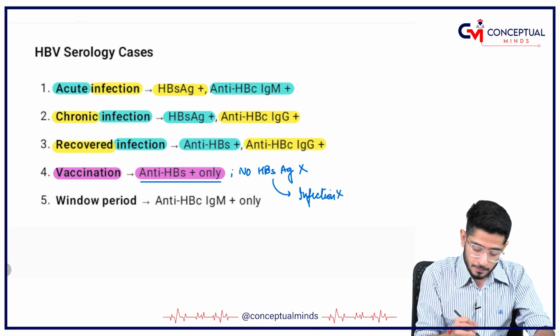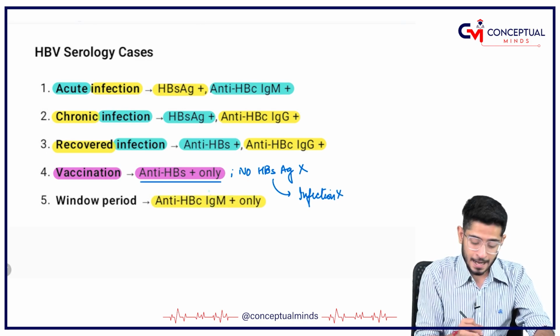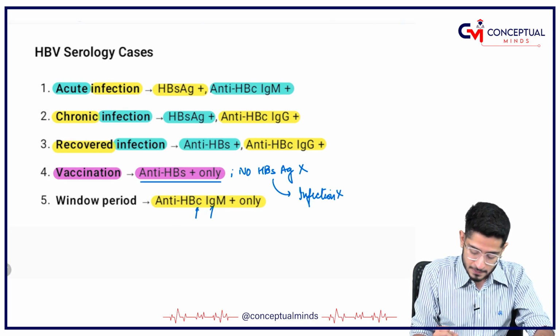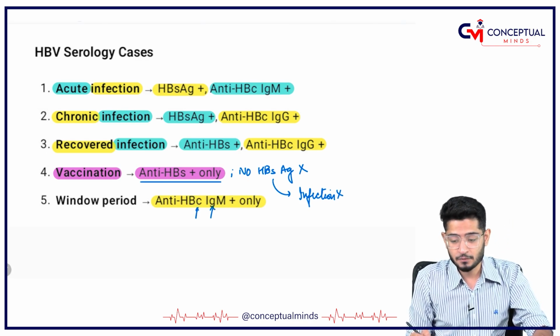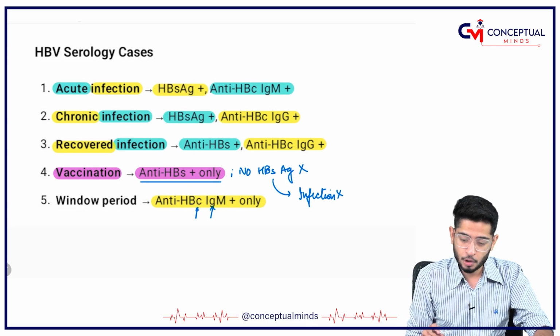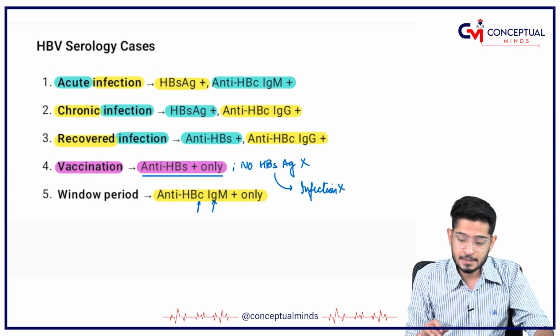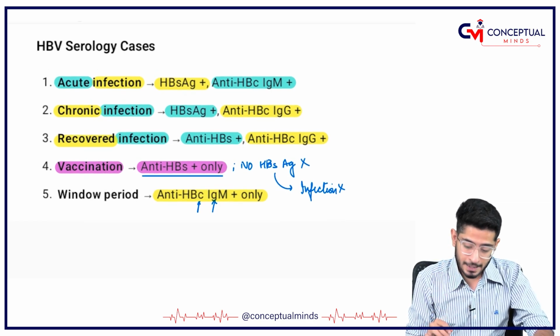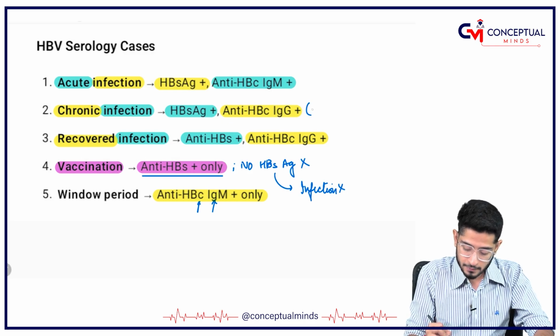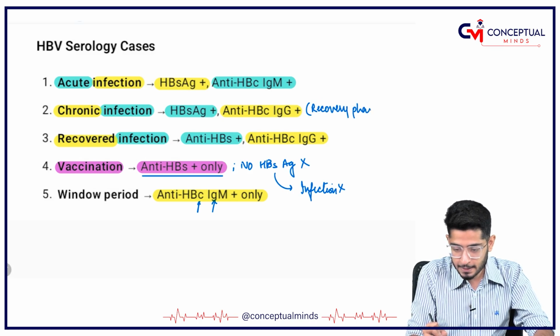Okay. What do you mean by window period? So if anti-HBc IgM is present only, that is suggestive of window period. Now recovery phase, I think I have told you that chronic infection or the recovery phase is going on, we can say like that.